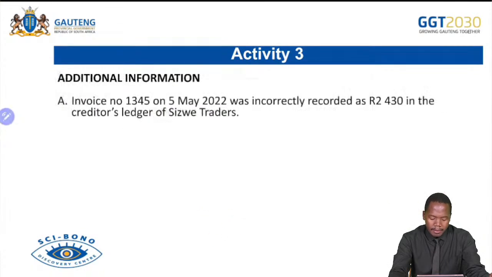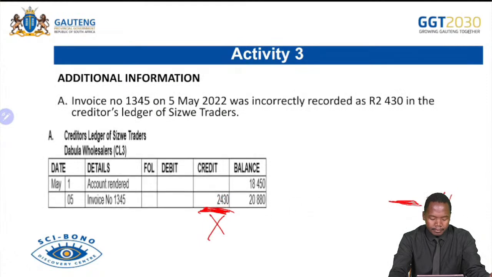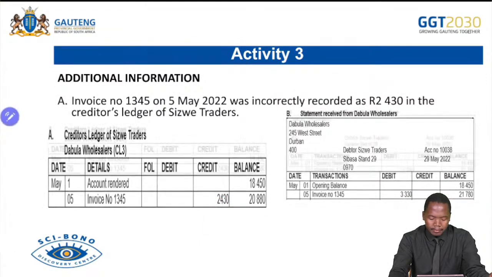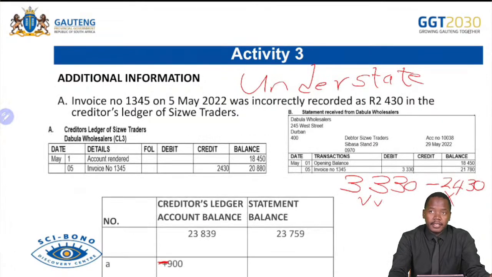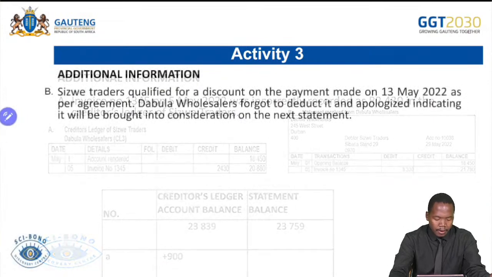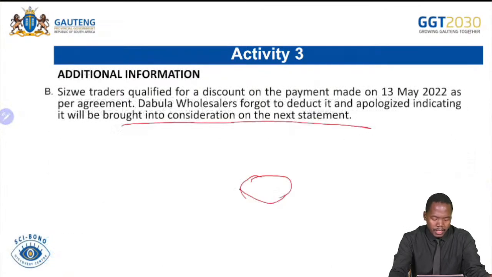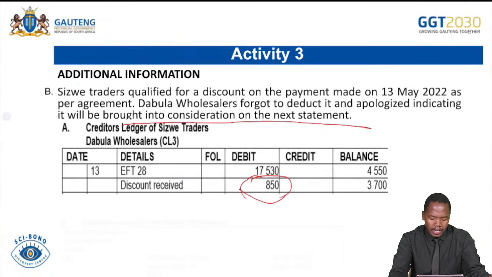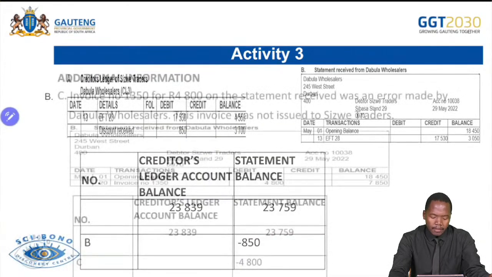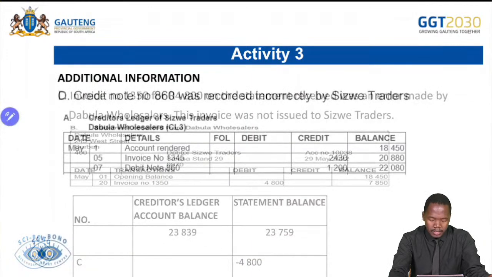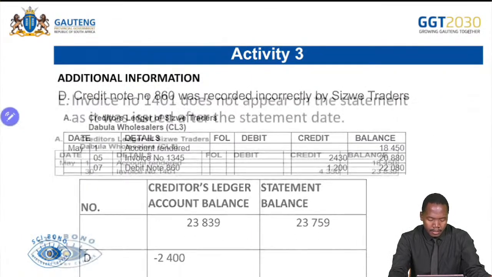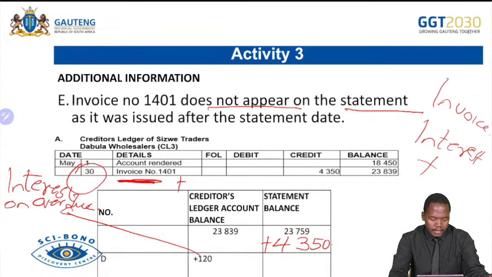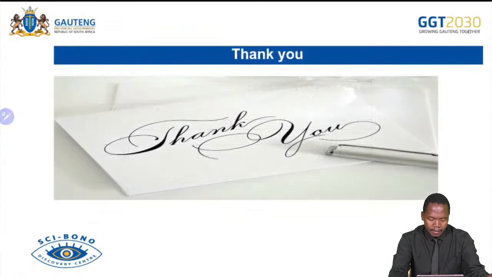These were our items. Activity 3, continuation. It's our additional information. Information A, information B. And then we were also given our 850. We have already spoken to these items. Now for our activity 3, then we've come to our final slide.